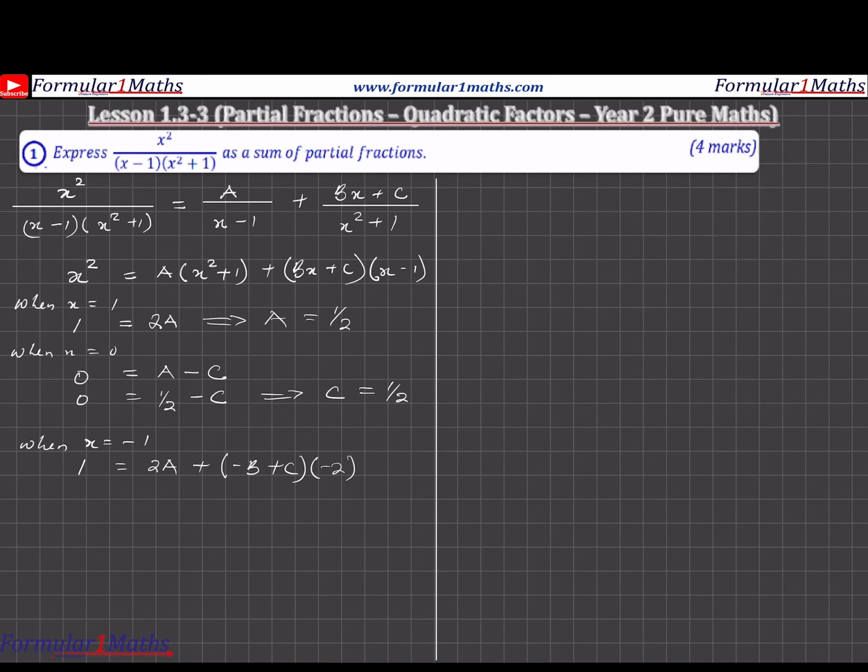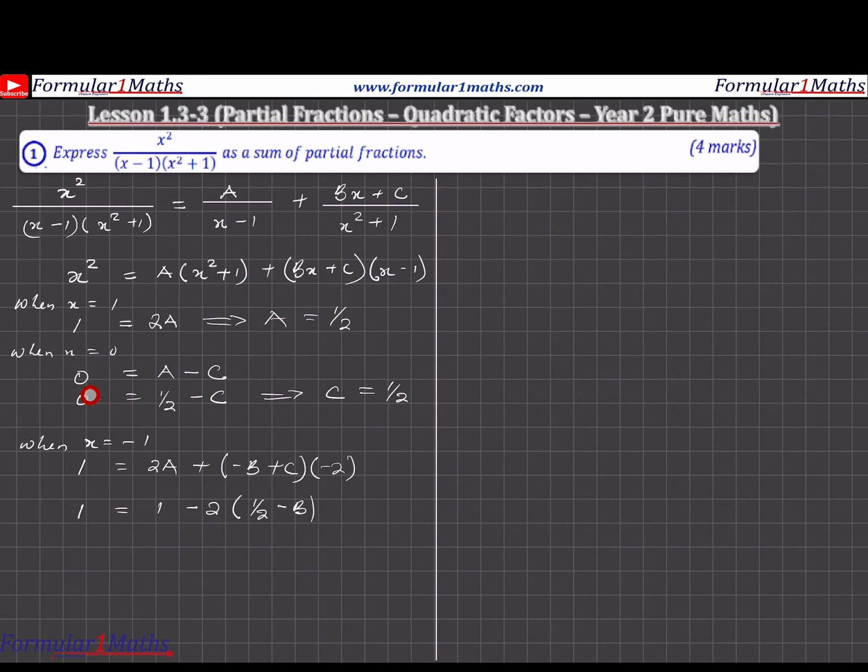But we know the values of a and c. So if you do the substitution, we're going to get 1 equals 1 because half times 2 is 1. And I'll have minus 2 times c is half, so I have half minus b. And then when I take this one to that side, I'll get 0.